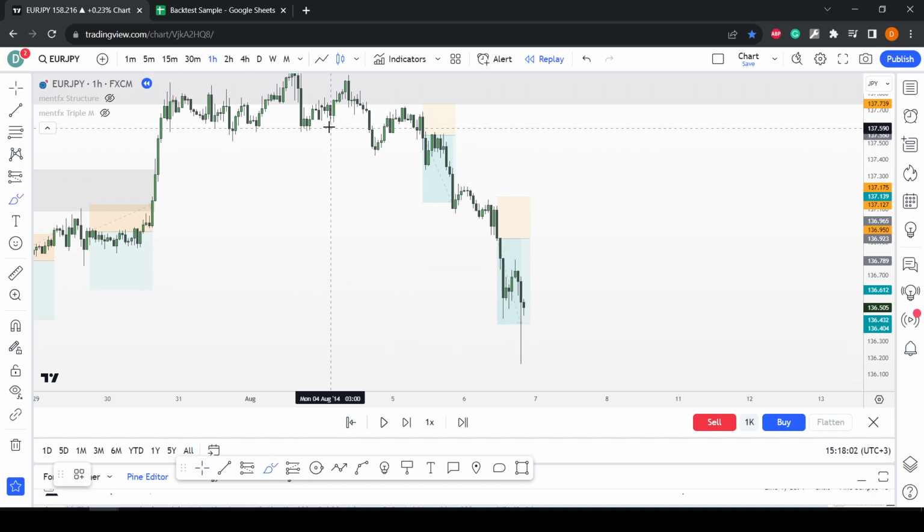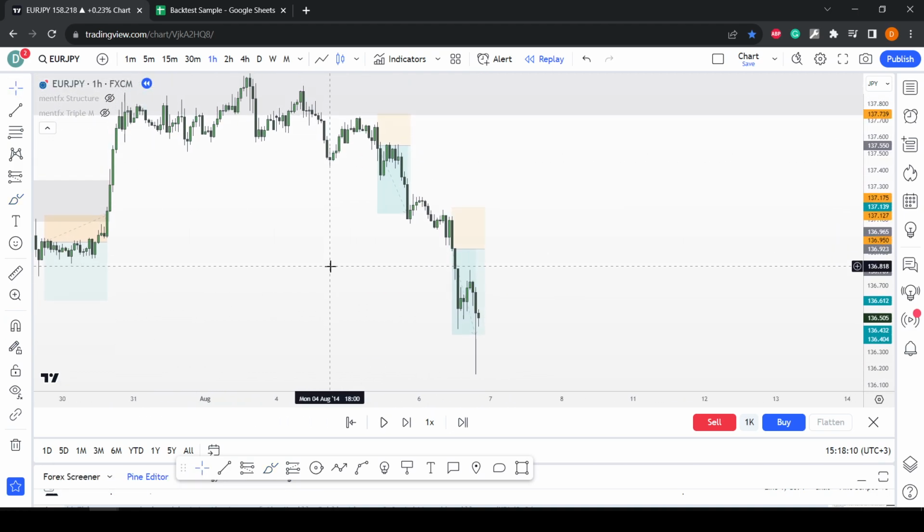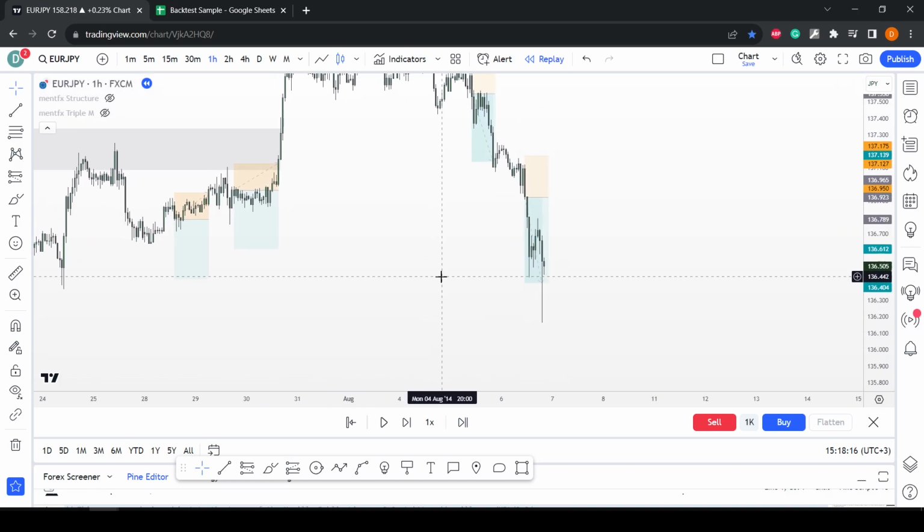And now we have like 1, 2, 3, 4, 5, 6 fractal, or like 4 real shifts, and I probably want to see some kind of a reset, but it can fall down here as well. But yeah, I will just wait for some new ranges.